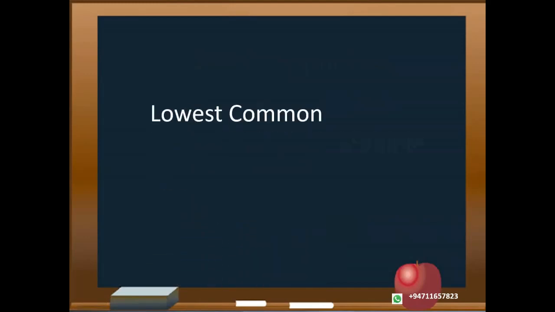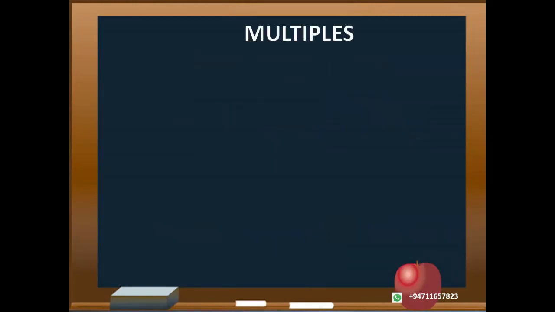Lowest common multiple. What are multiples or what is a multiple? The few multiples of 2 are 2, 4, 6, 8, 10, 12, 14, 16, and so on. It will go till infinity.